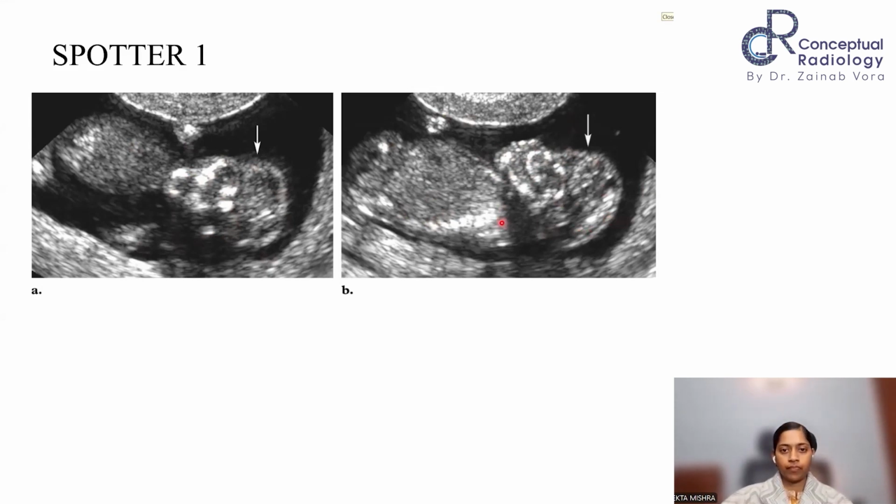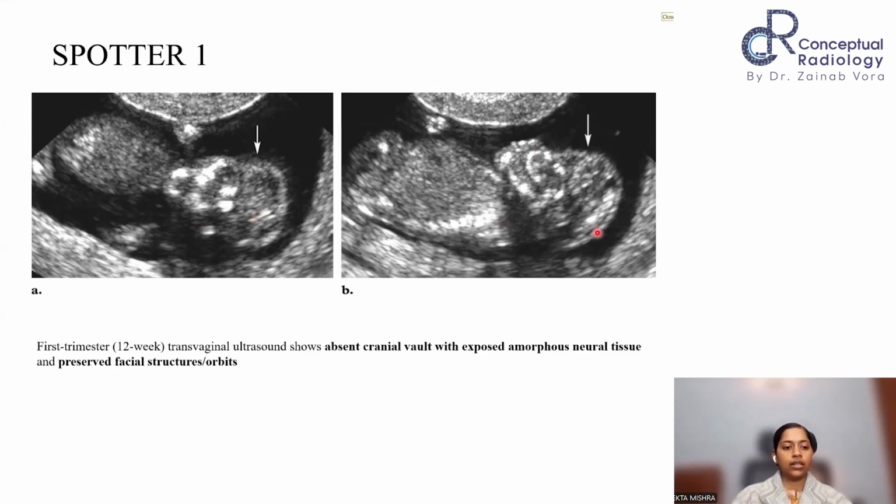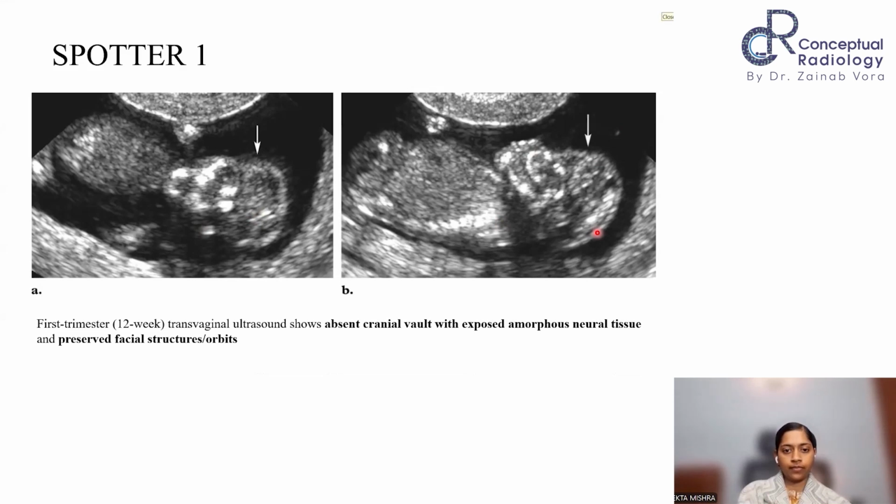So if at this gestation we don't see bones in the calvaria, the diagnosis is acrania. So the cranial vault is absent and the brain matter is exposed to the amniotic fluid. And these hyperechoic structures, basically these are the facial bones and they are preserved.